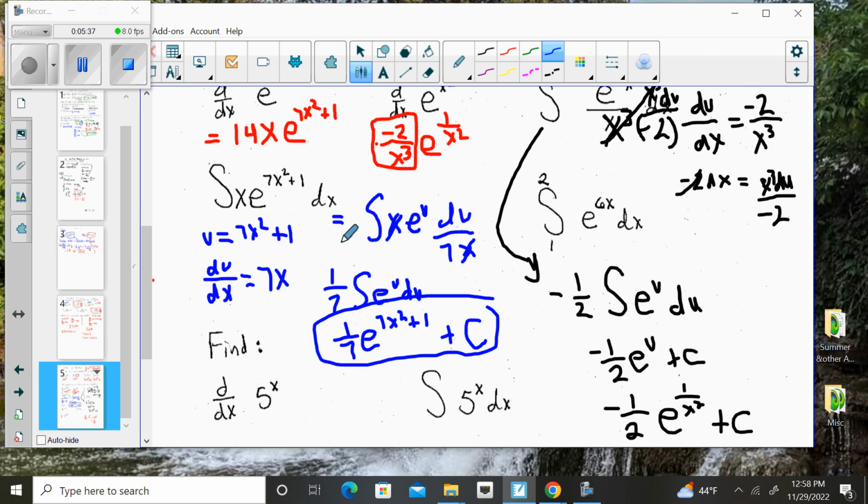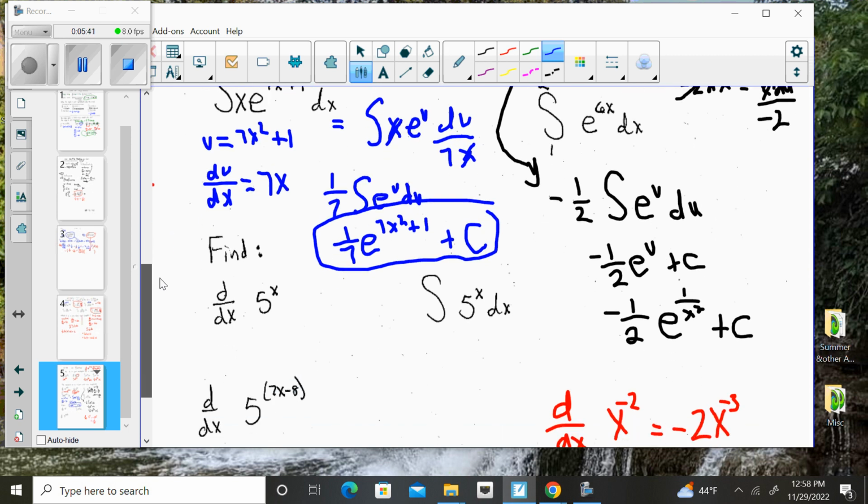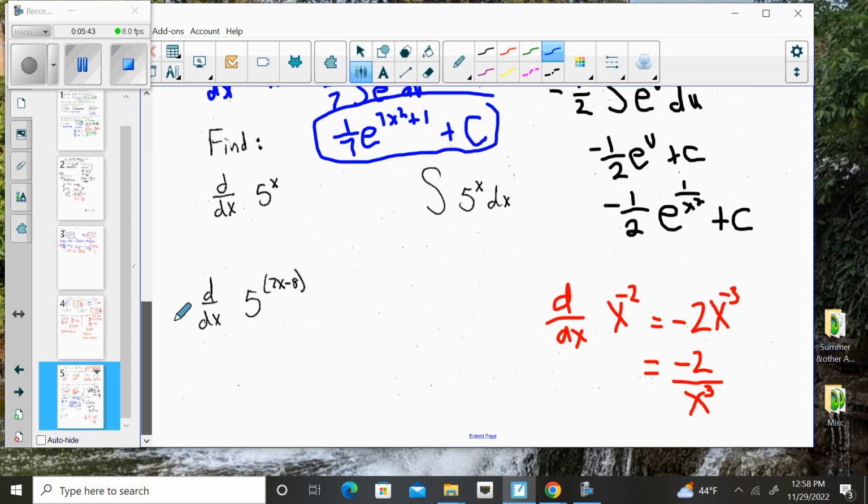And then the last few problems on here involve a base other than e. But again, we have a formula for that. This is just a very simple problem. On your formula sheet, it says that if the base is anything other than e, we need to write for the derivative times the natural log of 5.